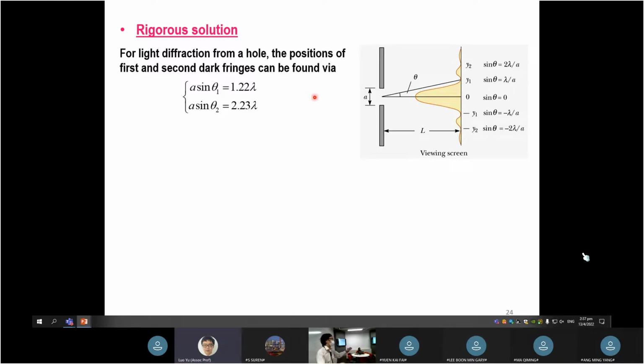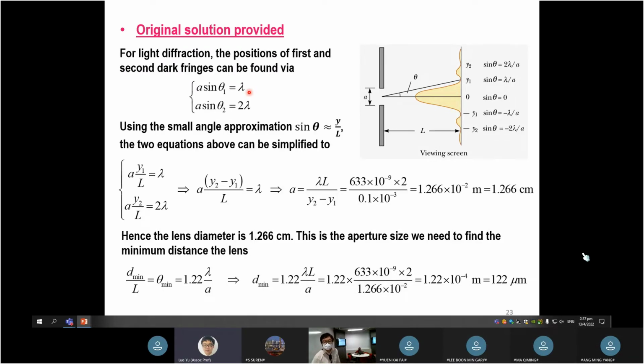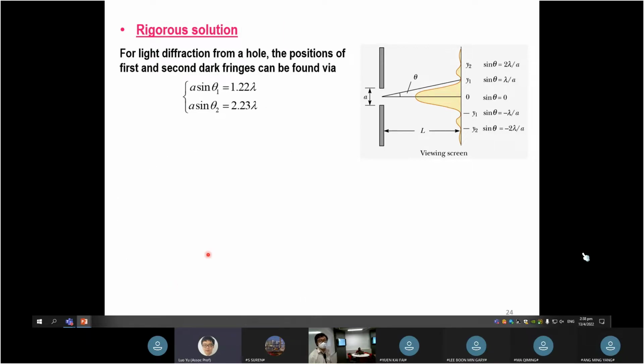If you really have light passing through the hole, the position of the first dark fringe should be found this way. The first should equal 1.22 times lambda. This is why in the resolution part we have 1.22 times lambda over A. This 1.22 is exactly this one. The second dark fringe should appear at the second zero point of this function, which is 2.23 times lambda.